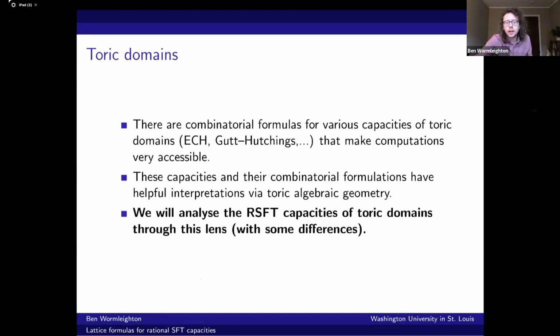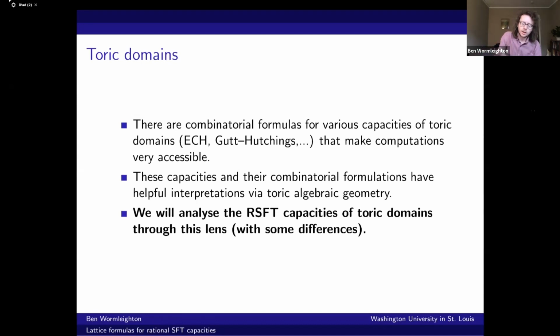Okay, so like I said, for the ECH capacities, the Hutchings capacities, using S1 equivariant symplectic homology, there are great combinatorial formulas that have been found, that have been developed, and they in particular, among other things, make computations very accessible. It means that we have a much better understanding of embeddings between such objects than other spaces.